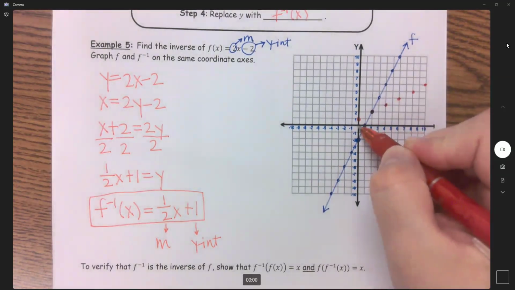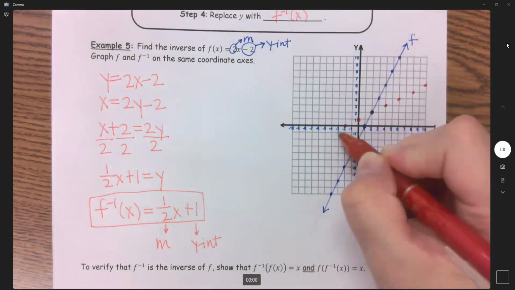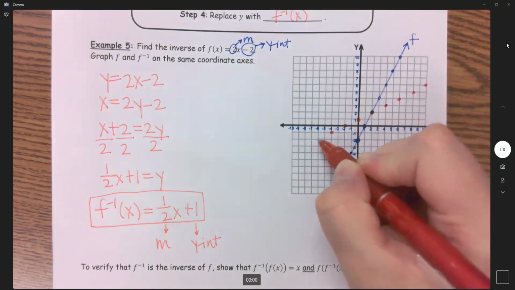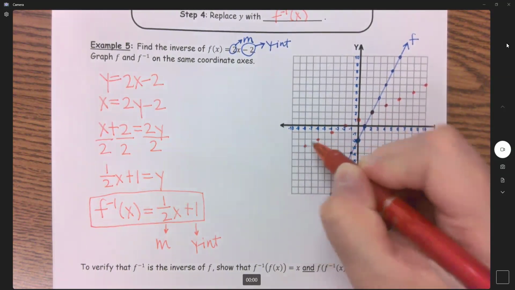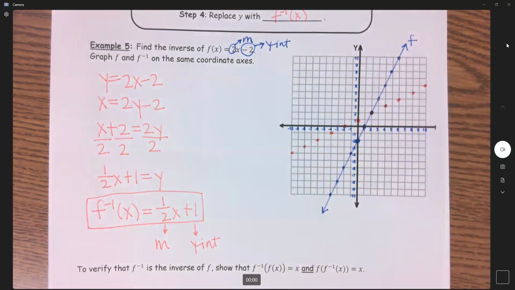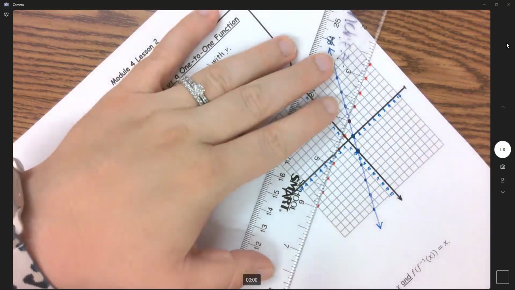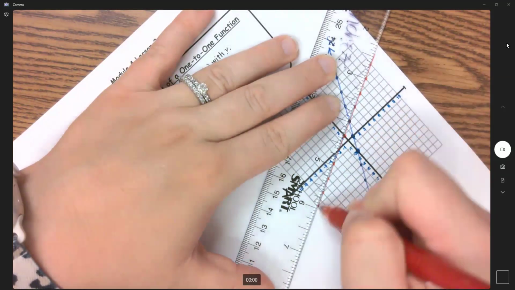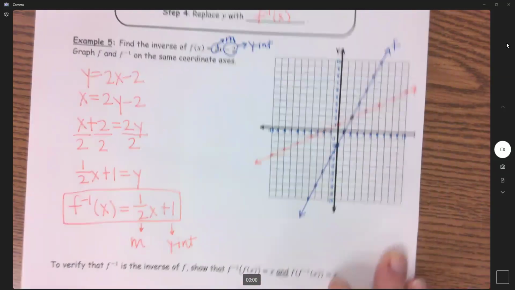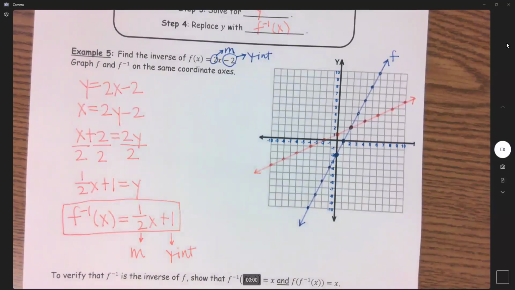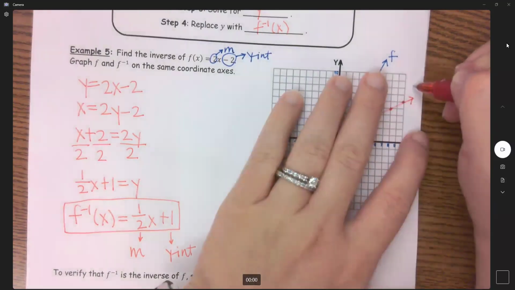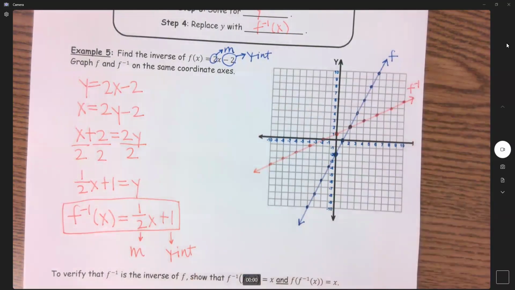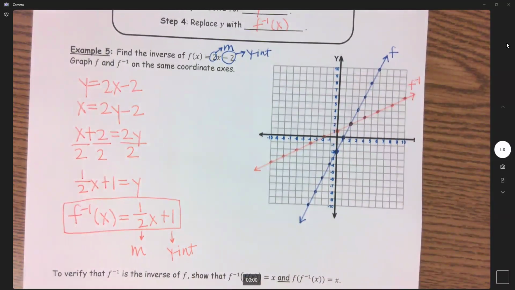So I'll go down 1 to the left 2. And so we can see here that even though these are inverses of each other, they both have a positive slope. So it does not mean one's positive and one's negative. Okay, and there is my inverse function. And so I will label that as f to the -1 representing the inverse.